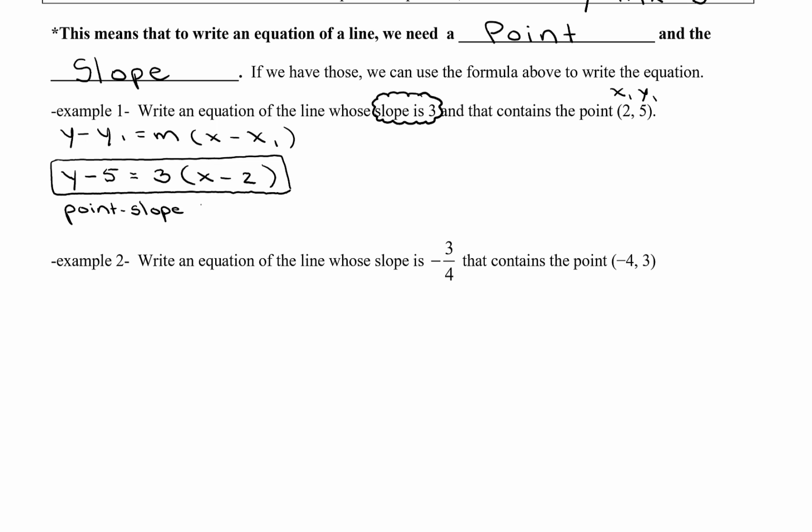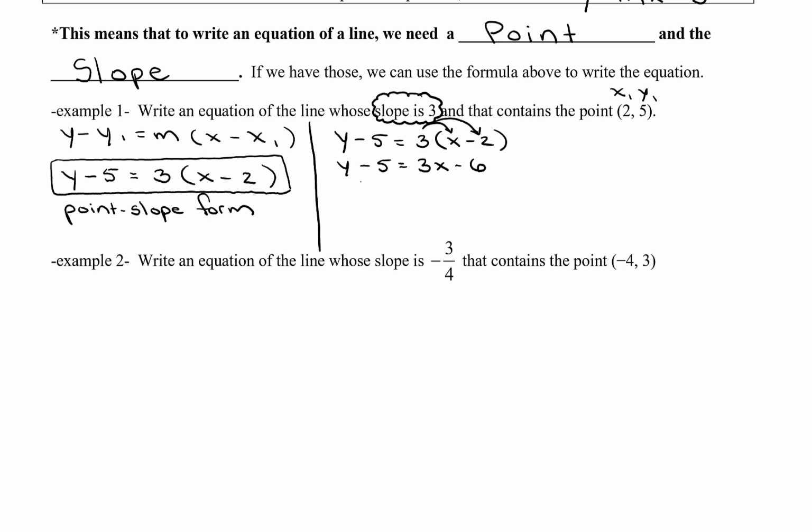Now I'm going to draw a vertical line segment here. To the right-hand side of this vertical line segment, I'm going to show you how to rewrite this point slope form into slope-intercept form. So I'm just going to copy my equation down of y minus 5 equals 3 times the quantity x minus 2. I'm going to distribute the 3, so I've drawn arrows pointing from the 3 to the terms of x and the negative 2. So I end up with y minus 5 equals 3x minus 6.